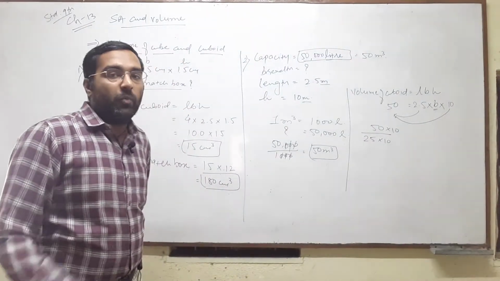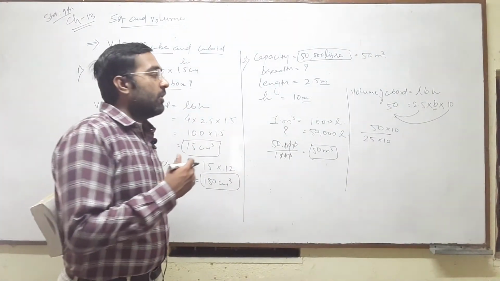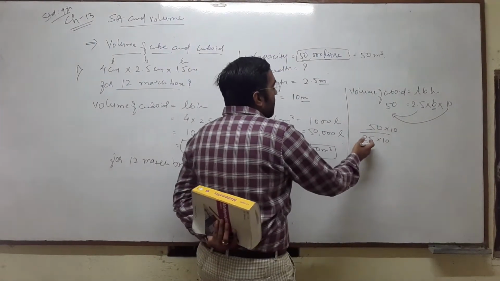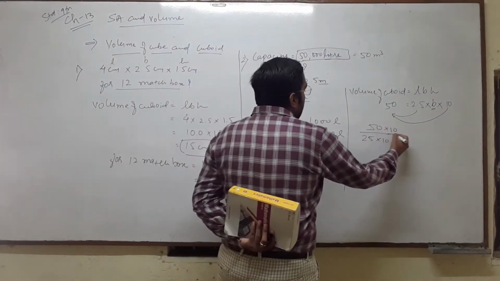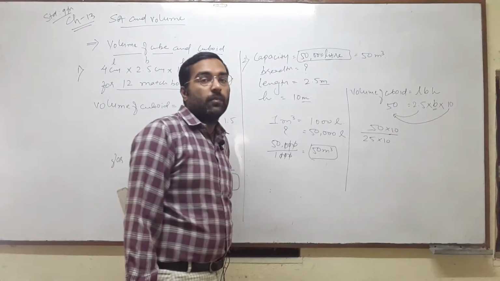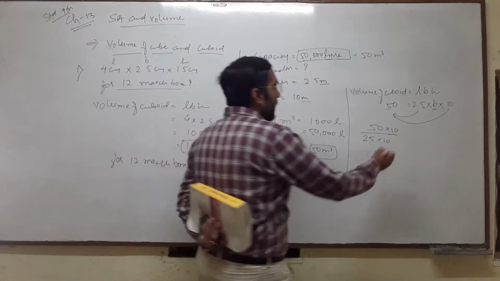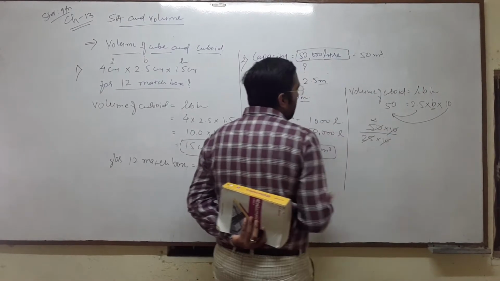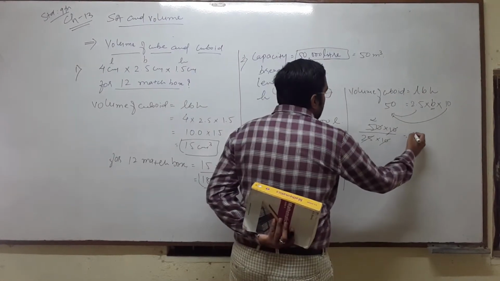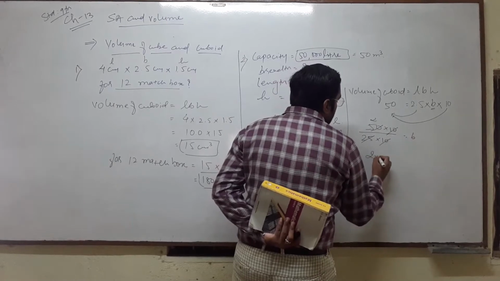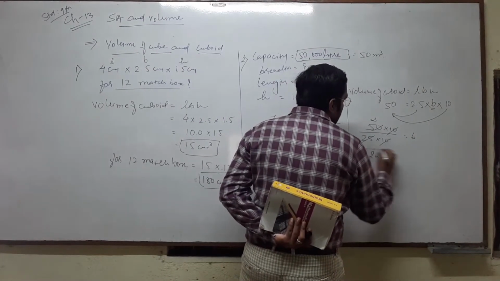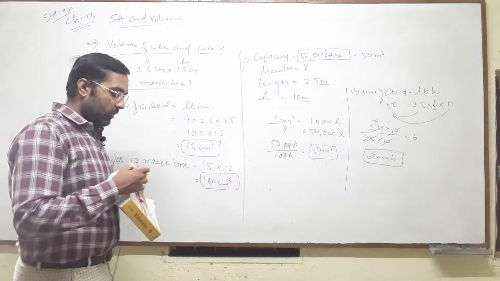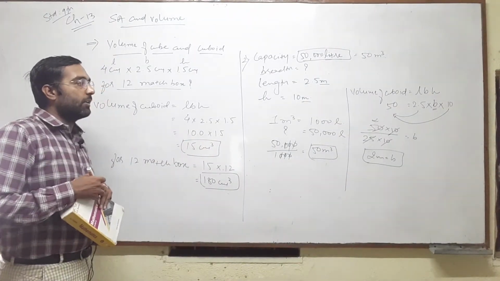Now the 10s cancel out, 25 2s are 50. So my breadth is 2 meter. Breadth of the tank is 2 meter.